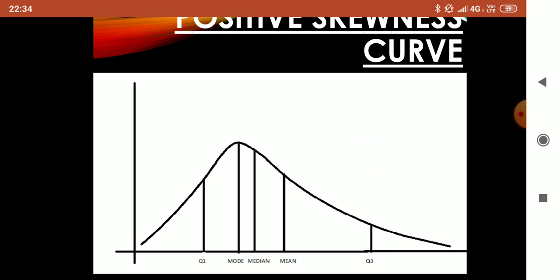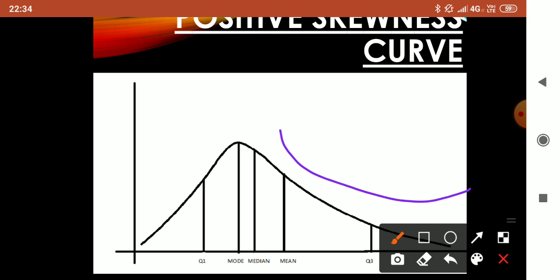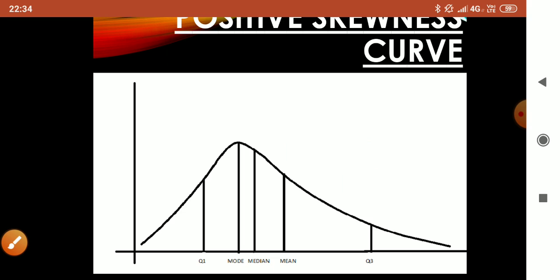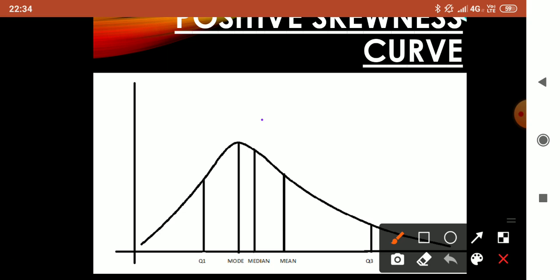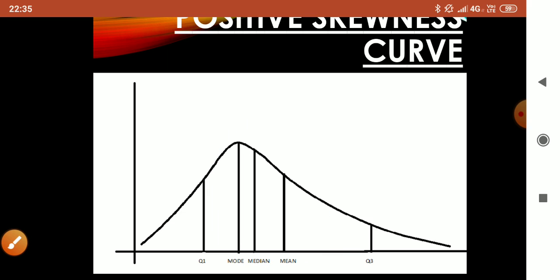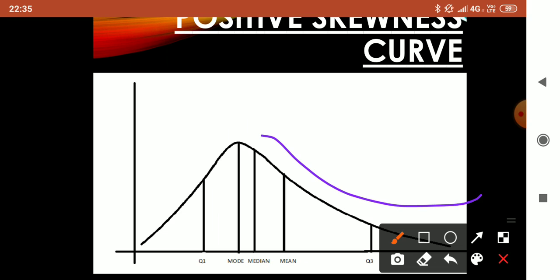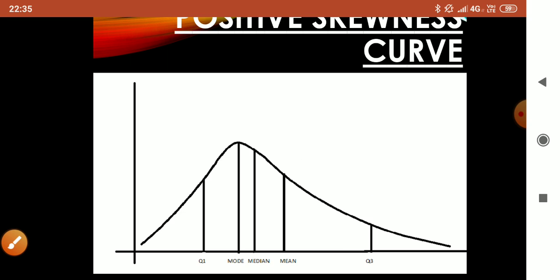And one more thing, here mean, median, mode are not equal. That means there is a lack of symmetry, which is skewness. In symmetry, mean, median, mode are equal, but here mean, median, mode are different. That means this is a skewed curve, and when the curve is more elongated on the right hand side, it is known as a positive skewed curve.